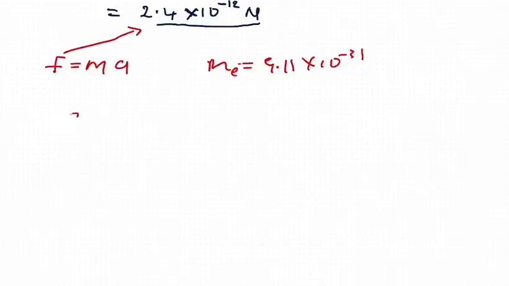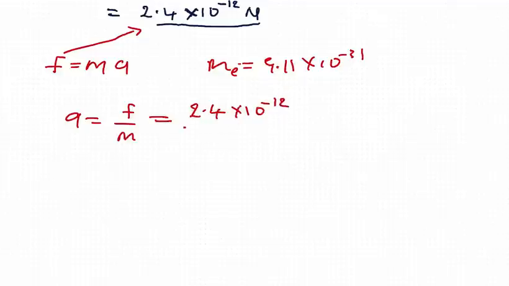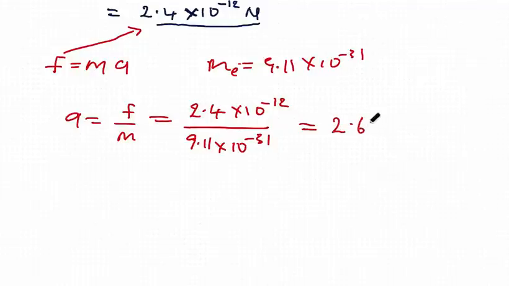So we can say that a is equal to F divided by m, which is equal to 2.4 times 10 raised to power minus 12 divided by 9.11 times 10 raised to power minus 31. And if you use your calculator to compute this, the answer will be equal to 2.6 times 10 raised to power 18 meters per second squared.